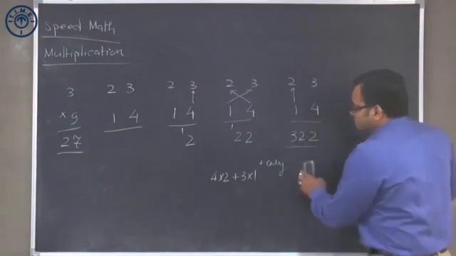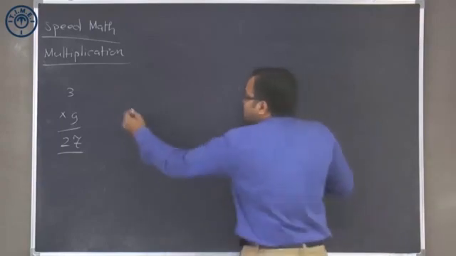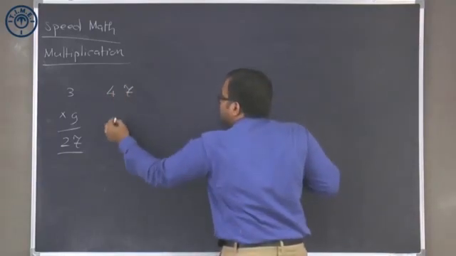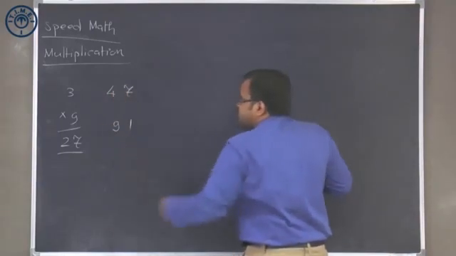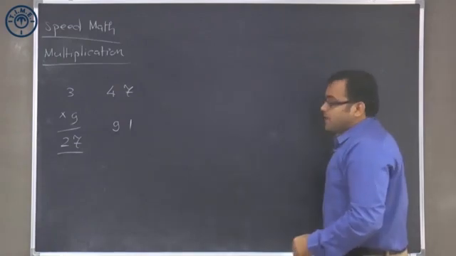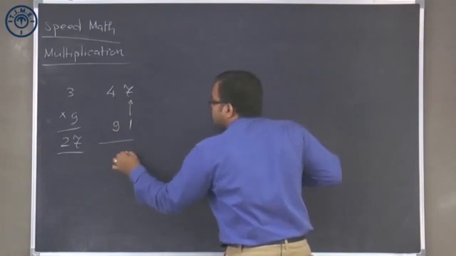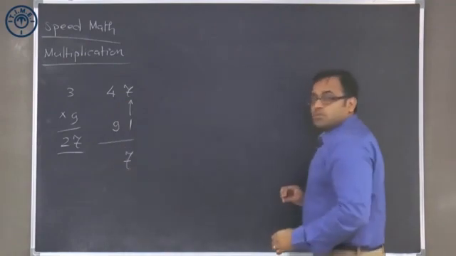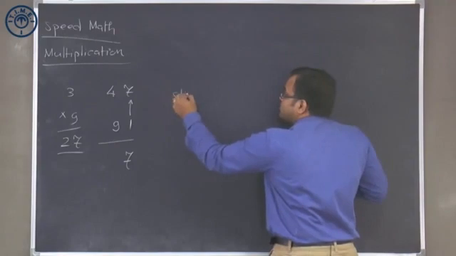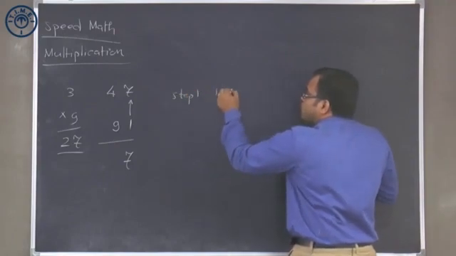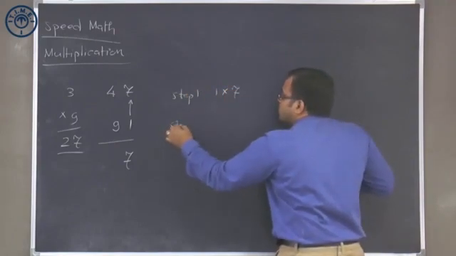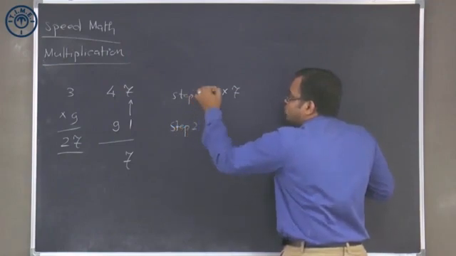Let's take another example. Let us say I have to multiply 47 with 91. In order to multiply 47 with 91, step 1, 1 into 7, this will give me 7. Step 2, I'll cross multiply now.